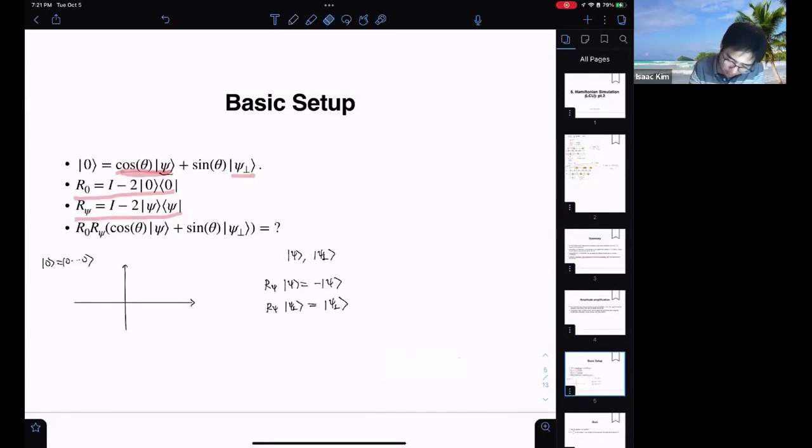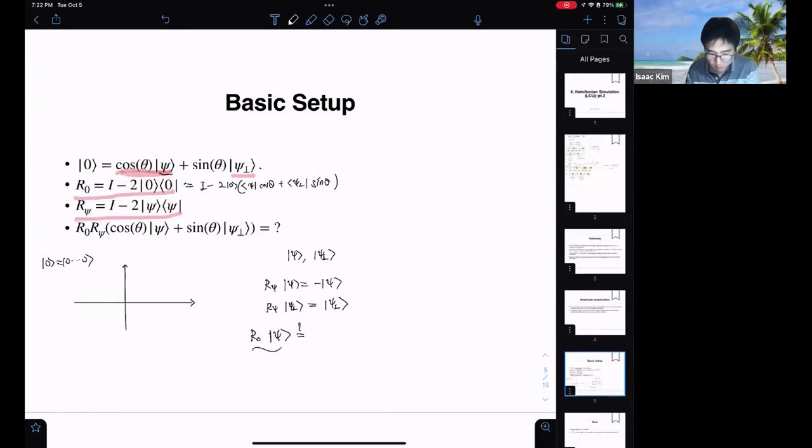And what about this thing? Well, remember, R is I minus this thing. So without loss of generality, we can just use the expression for 0 to say that.